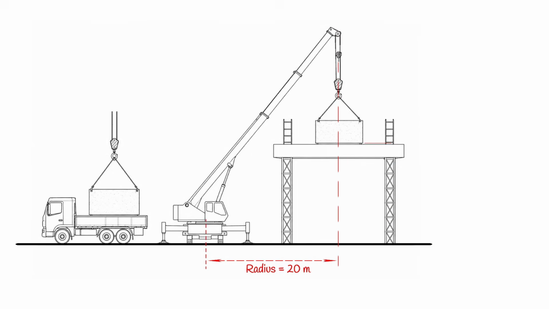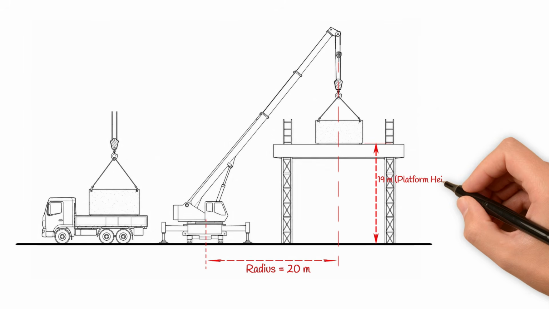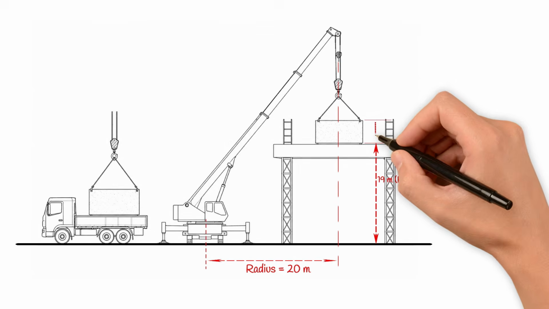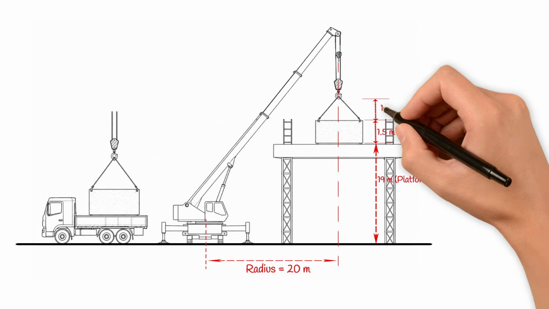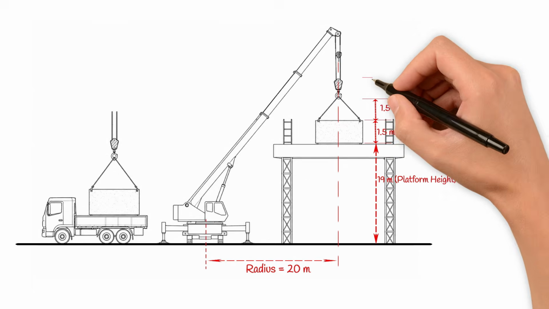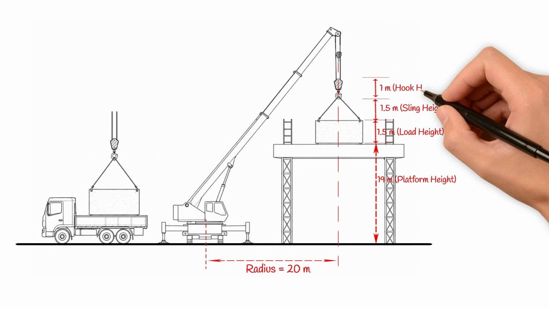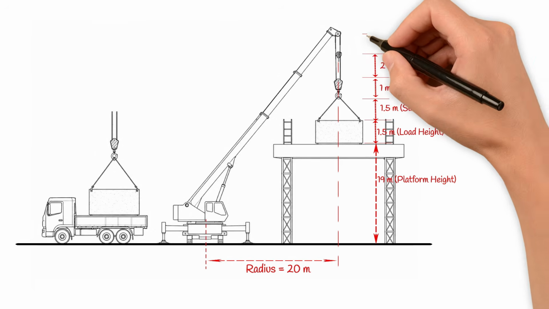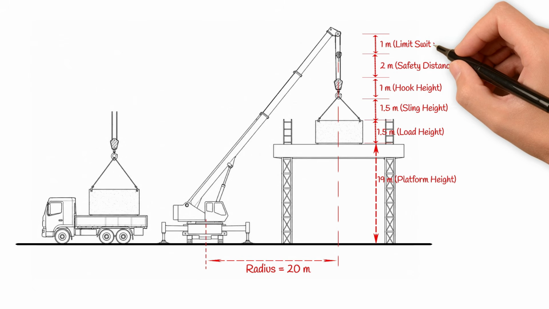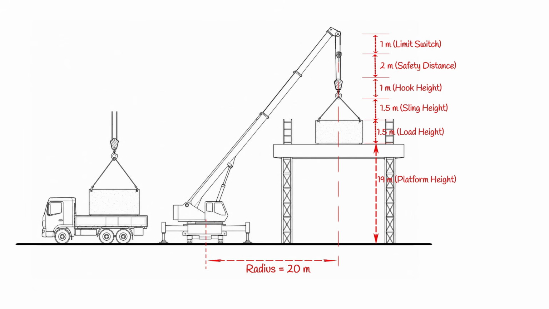We have 19 meters for the platform height, 1.5 meters for the load height, 1.5 meters for the sling height, 1 meter for the hook height, 2 meters for safety clearance, and 1 meter for anti-two block limit switch clearance. Adding these values together gives a total vertical height of 26 meters.